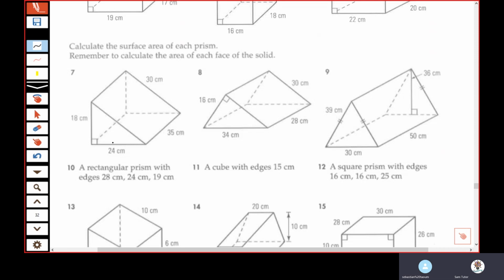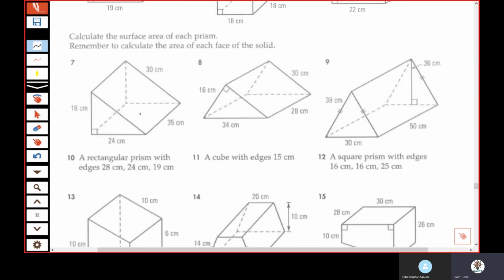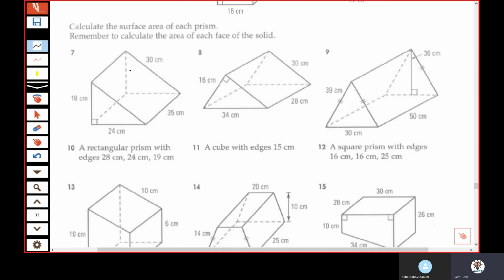This one here, we'll do another triangle one. It works the same way, except it's not a rectangle. It's a triangle at the front. So all you've got to do is go to the front and back, which is half times 24 times 18 times 2. Then you do the bottom, which is 24 times 35.